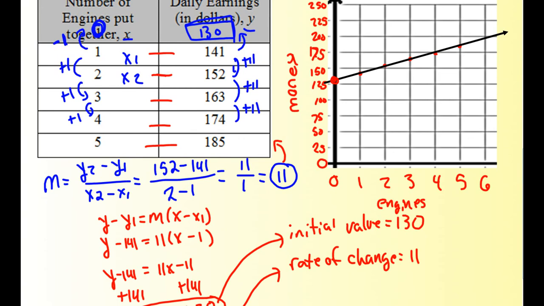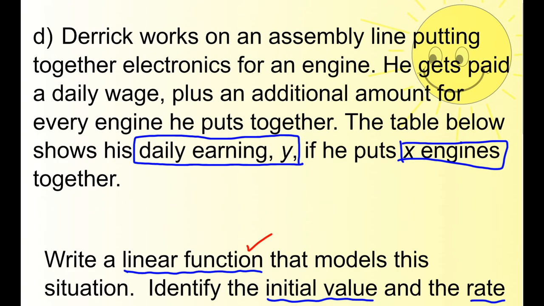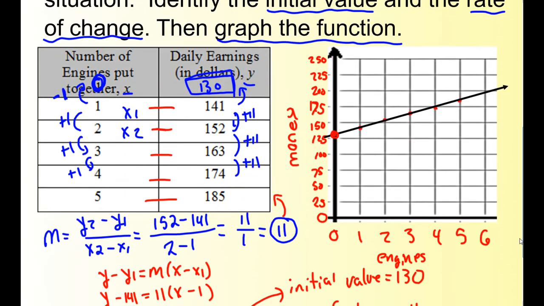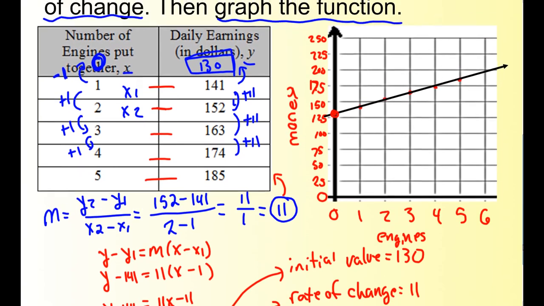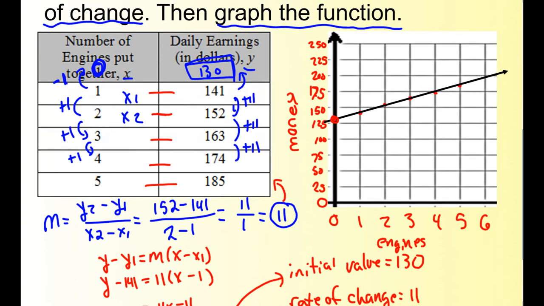Go ahead, pause the video, try to answer this on your own. You're trying to interpret the scenario now that you have all the information given to you. What is the initial value, and what is the rate of change? What does it mean? Not just the initial value is 130 and the rate of change is 11. No. What does it mean in terms of the scenario? What does it represent for this Derek guy who's putting these engines together?